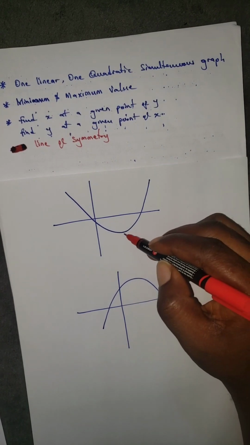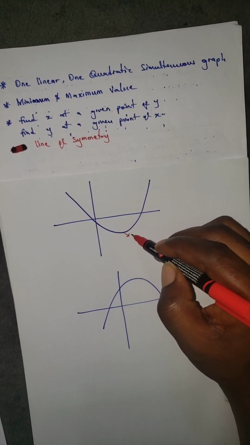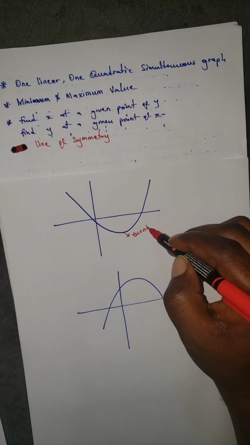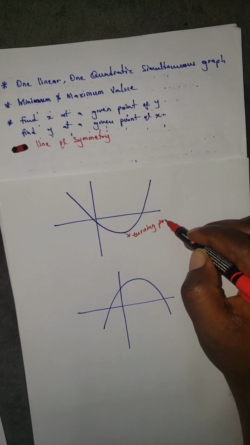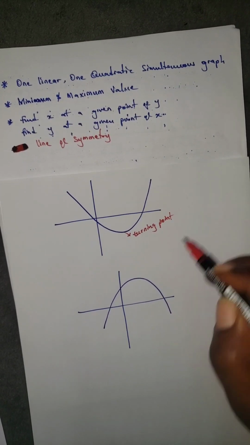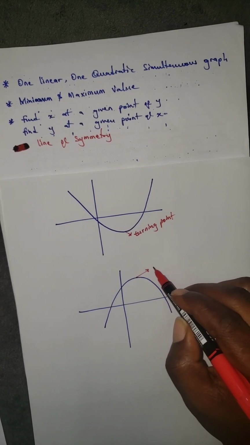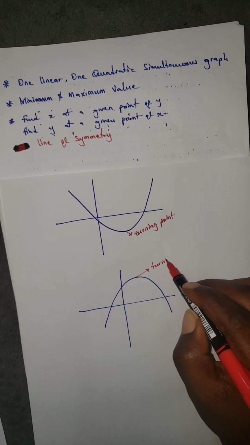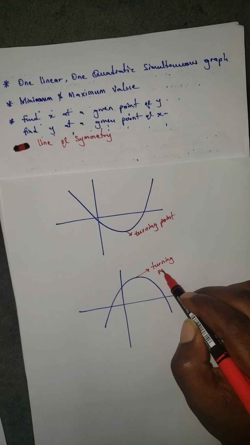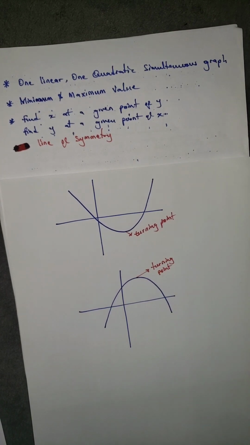So the first thing we need to notice in this curve is that there's a turning point here, and there is also a turning point here. The turning point is what is going to give you your minimum and maximum value. So at that spot, that's where you are going to have your minimum and maximum value.